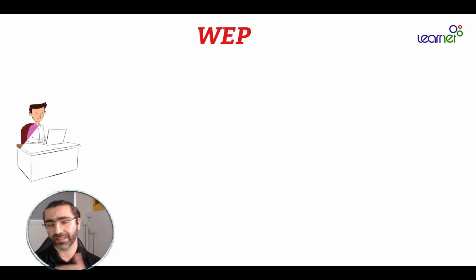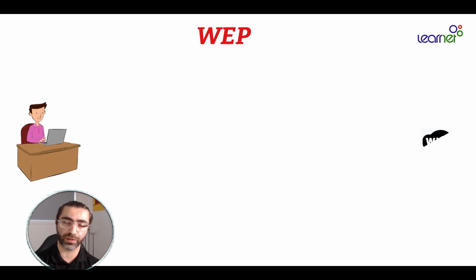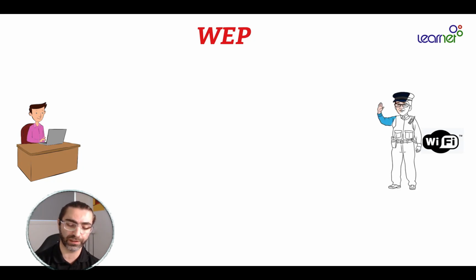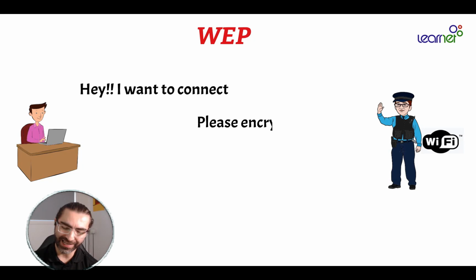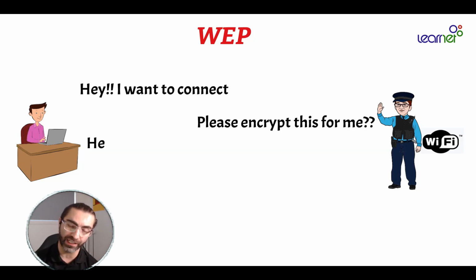How does WEP work? When the client sends the authentication request or connection request to the access point or wireless LAN controller, the wireless LAN controller sends a challenge, basically a text, to the client and asks the client, please encrypt this text or challenge with the pre-shared key that is configured on you.